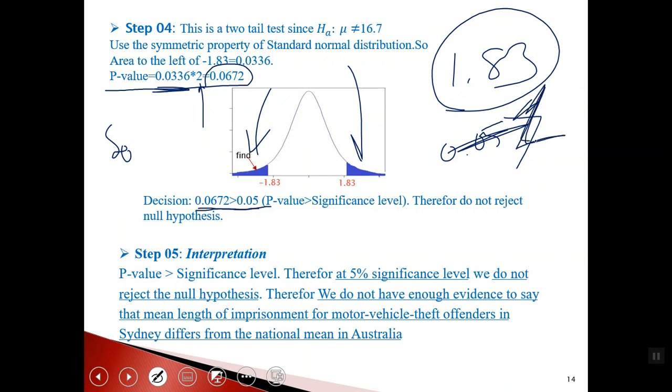So p-value greater than significance level, what you have to do is not reject. It is outside the region, do not reject. So the interpretation is the same as before, since we are using the same question.